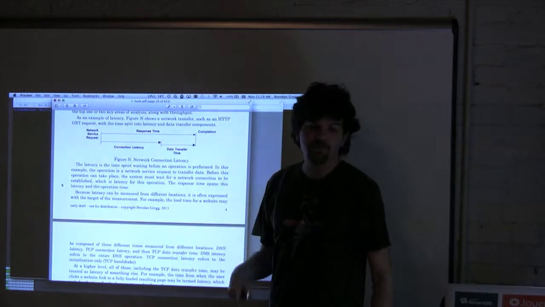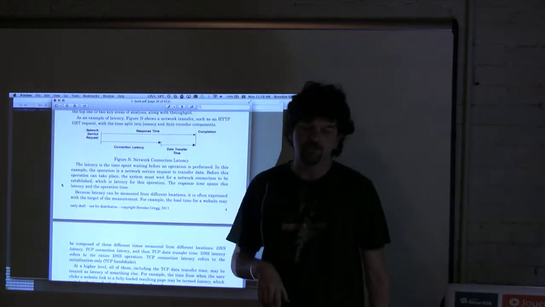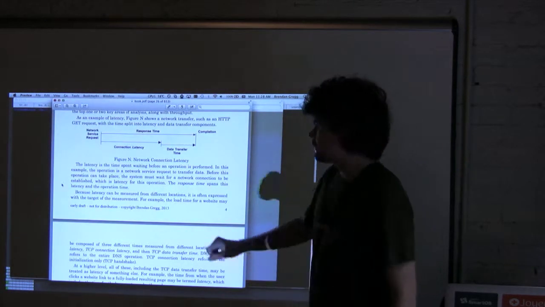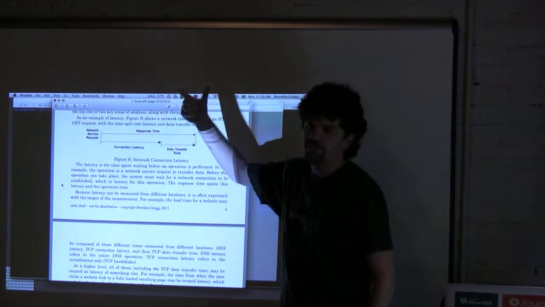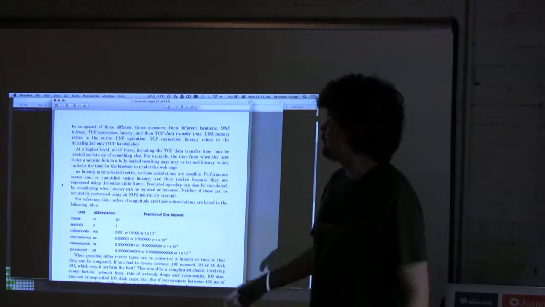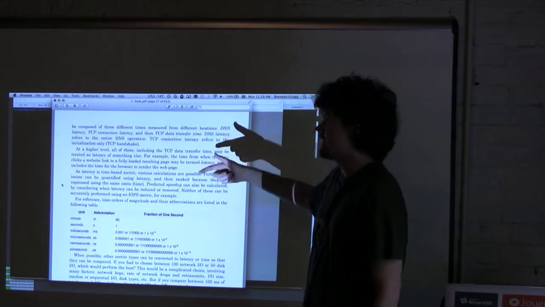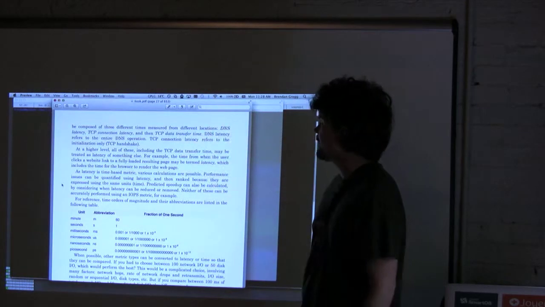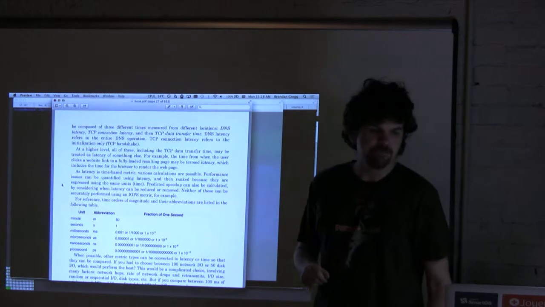We're sending a request, but then we are waiting, response latency, and then doing the final data transfer. So this whole thing, response time, can be latency of something higher up in the stack. That means we just want to define it, so wherever possible: DNS latency, TCP connection latency, TCP data transfer time, just to make it clear what we're talking about.